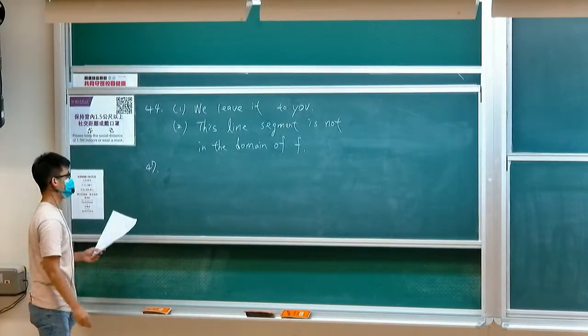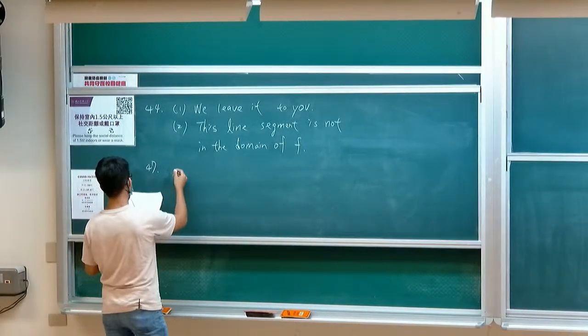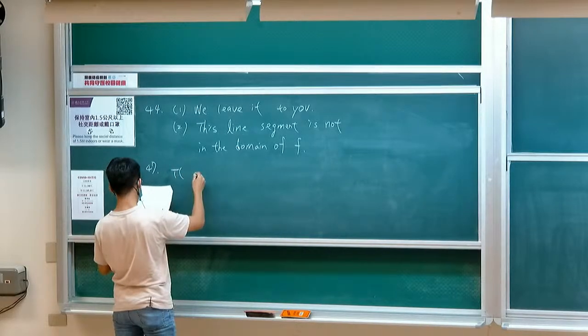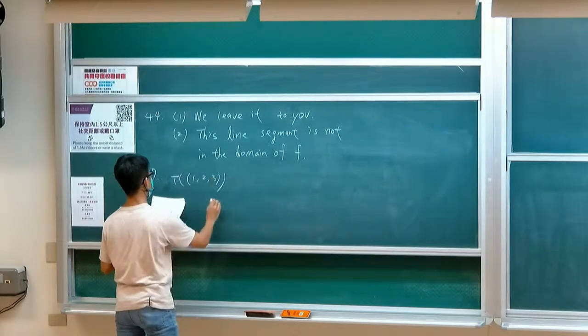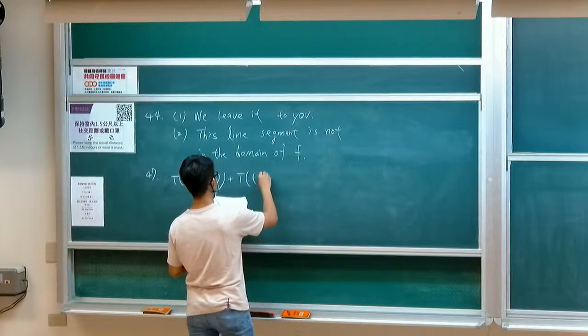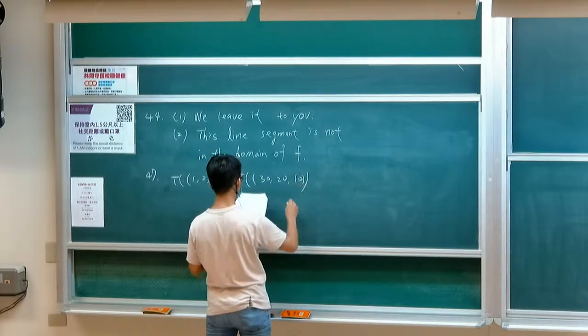In this exercise, the answer is no, and we will provide a simple example. Consider T of (1, 2, 3) plus T of (30, 20, 10).